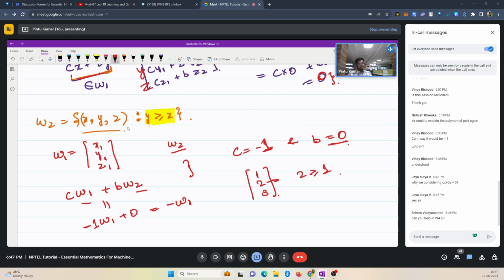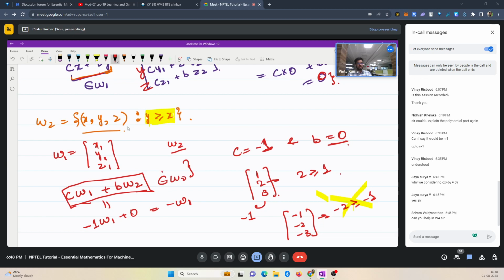If I multiply this by -1, what would we obtain? -1, -2, -3. Now does this set satisfy this property? This is incorrect, right? -2 is smaller than -1. So we had an example of an element of the form c times w1 plus b times w2 which is not an element of W2.